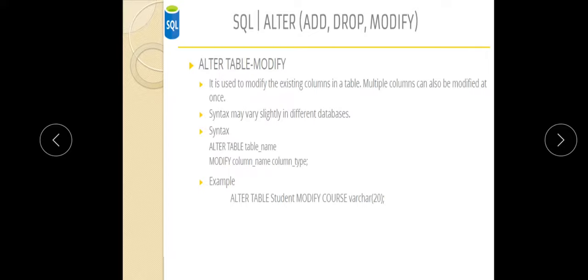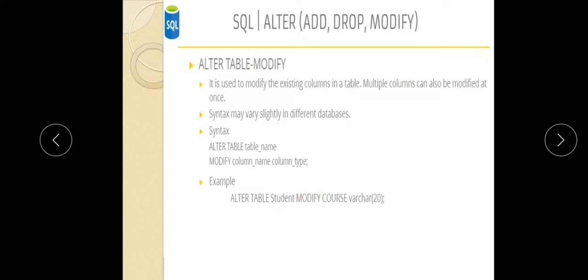What is the syntax? The same alter table command: alter table name, modify column name, column type. As I just mentioned, which column am I going to modify? The course column. So I will write the command like this: alter table, the table name is student, modify course.